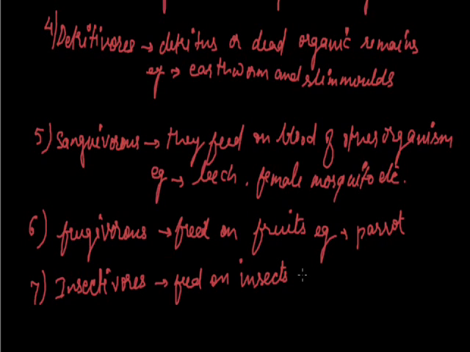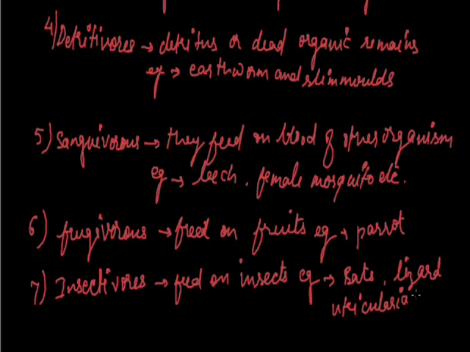Examples of insectivores are bats, lizard, and some plants are also called insectivores. Example: Utricularia. The common name of Utricularia is bladderwort.